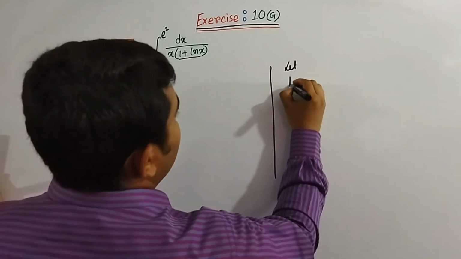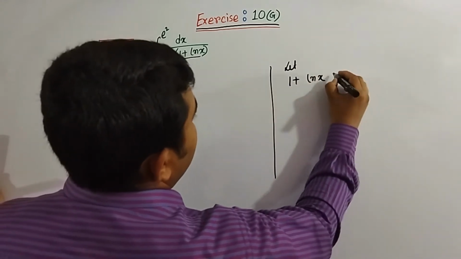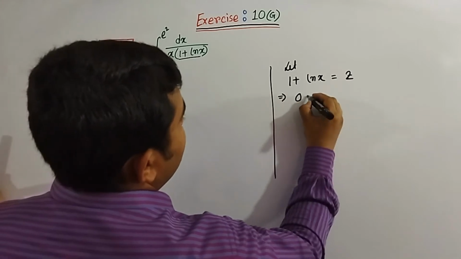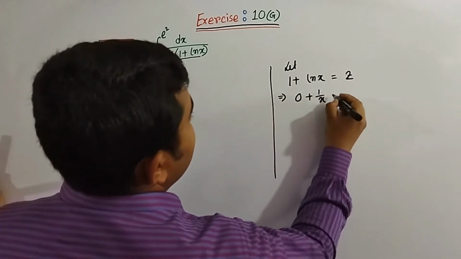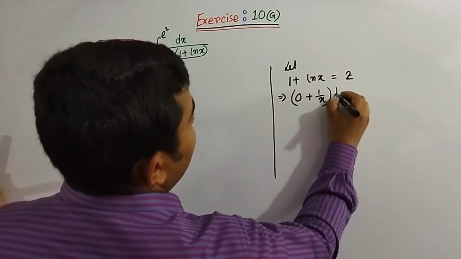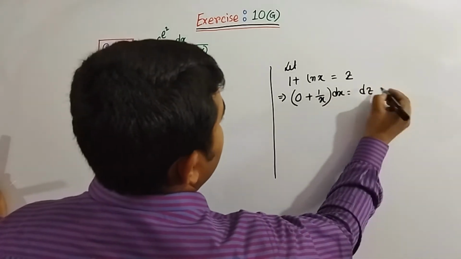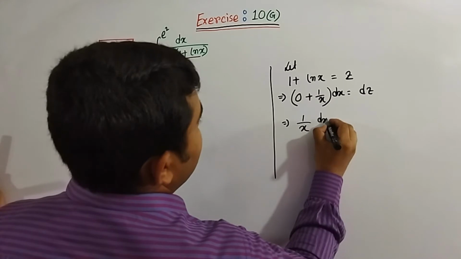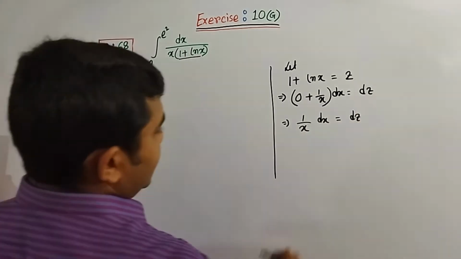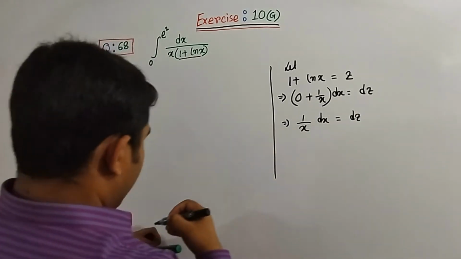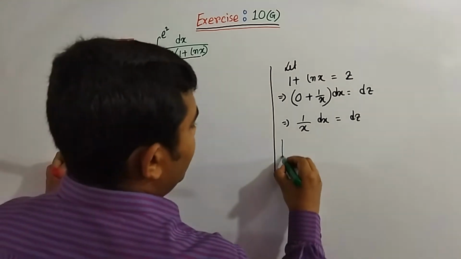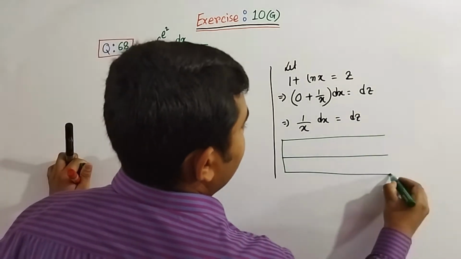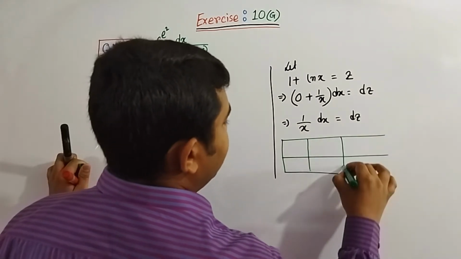So let us assume that 1 plus ln x is z, so 0 plus 1 over x dx equals dz, and finally we will get 1 over x dx is dz. Now for the limits, what have you found from here?